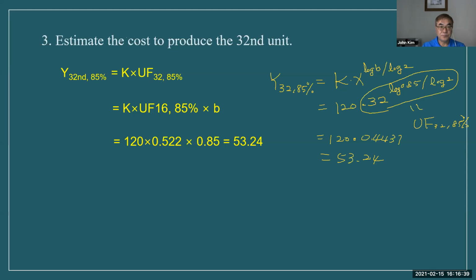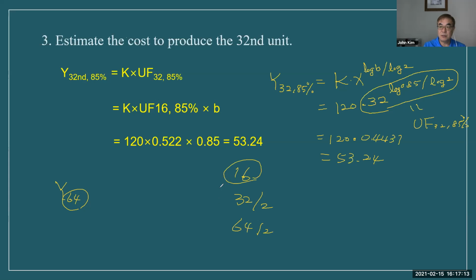Questions so far? A question: why 64? We cannot find 64, so divide by 2, then 32. Still cannot find. Divide by 2, 16.